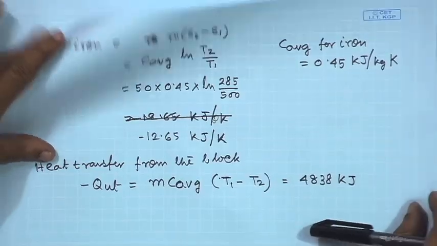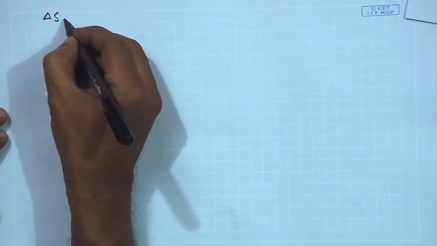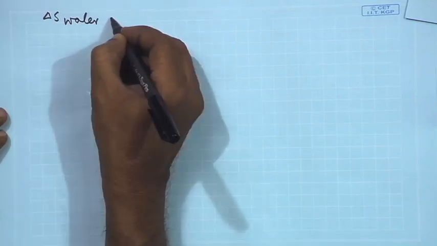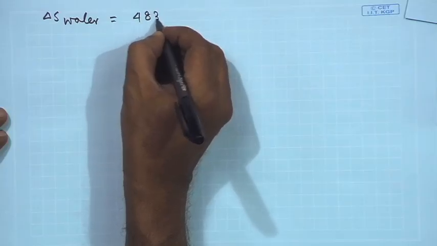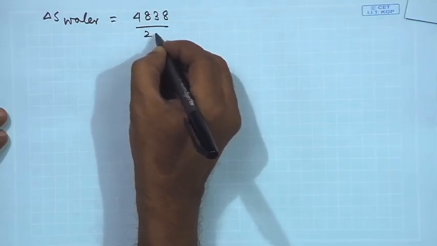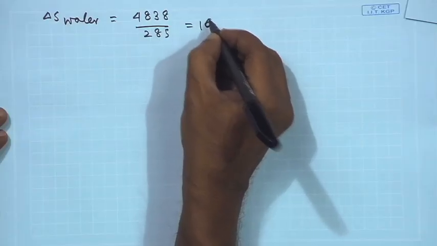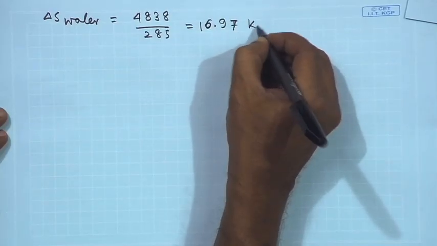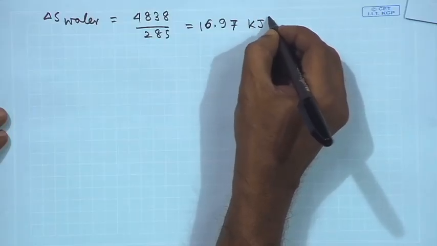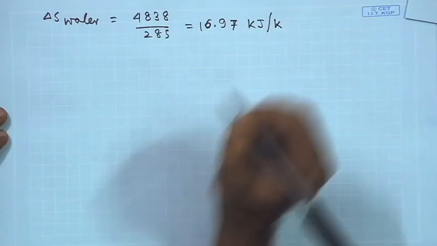So, now very quickly if I calculate what is the delta S for water. So, we will have 4838 by 285, that is 16.97 kilojoule per Kelvin.